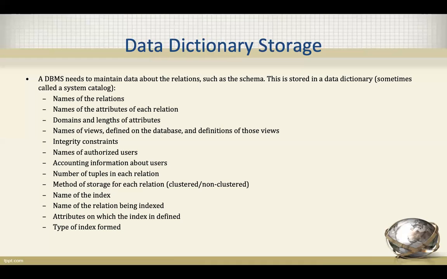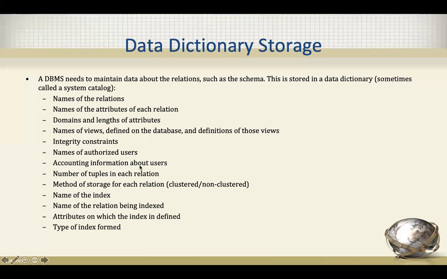Means at the time of creation of the table, we'll see what the different columns in the database are, and all those columns have some restrictions that we'll see in the integrity constraint. So I think when we start the lab, they will tell you about the integrity constraint first. Then we have names of authorized users.